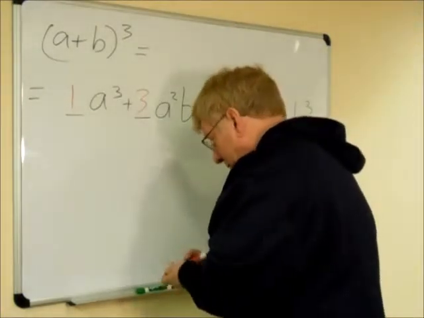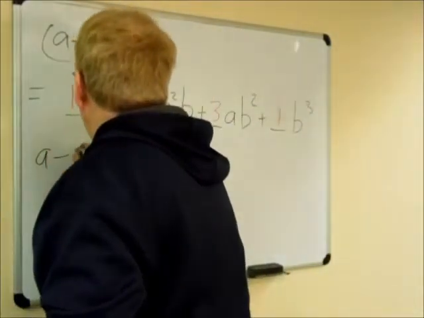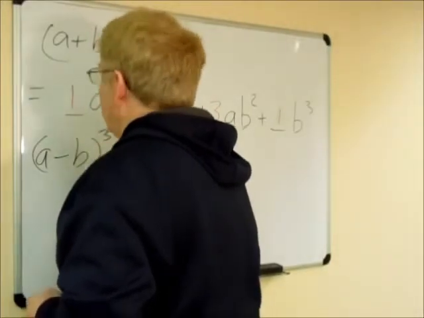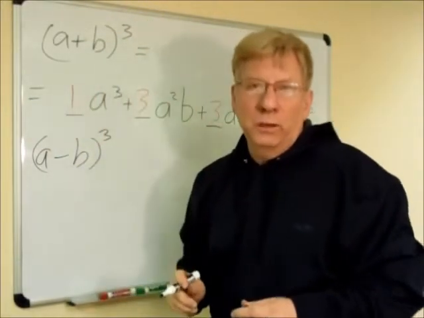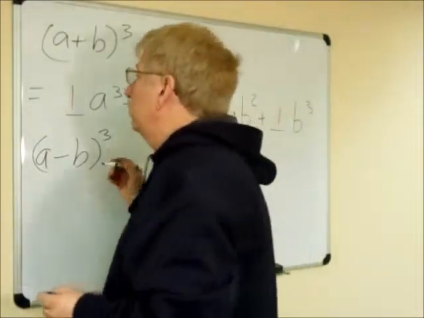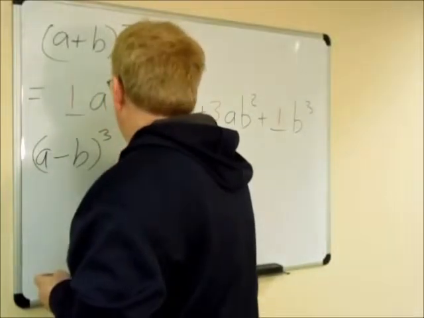So let's take another case, which would be a minus b cubed. And actually you would still use the same principle of the Pascal's triangle for the coefficients. And this time we're just going to put the memorized values in there.